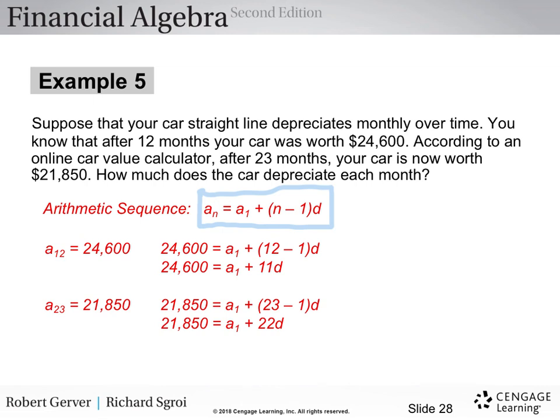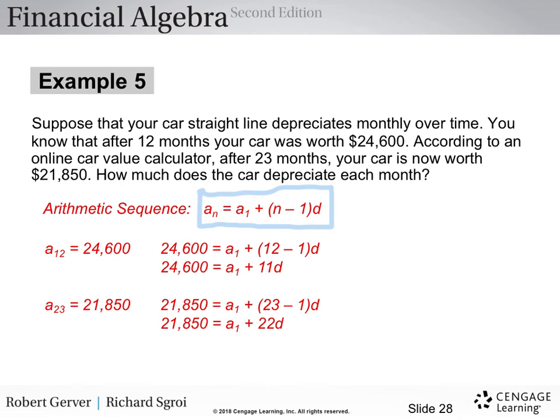So we know that at 12 months, the value is 24,600. Therefore, 24,600 is equal to the first value plus, after 12 months, 12 minus 1 times D, or 24,600 is equal to A1 plus 11D.